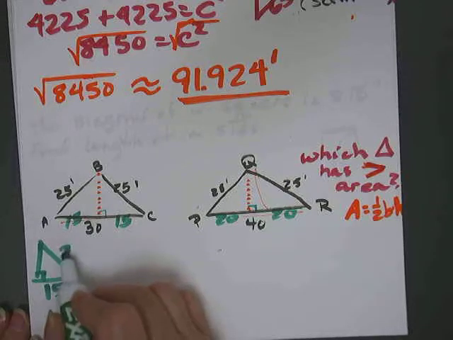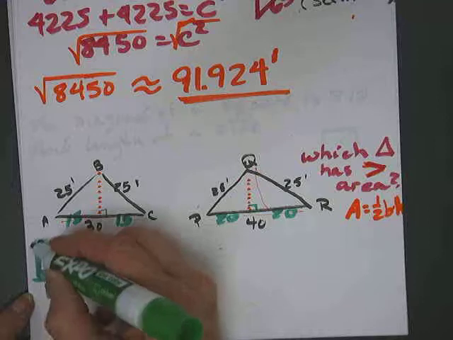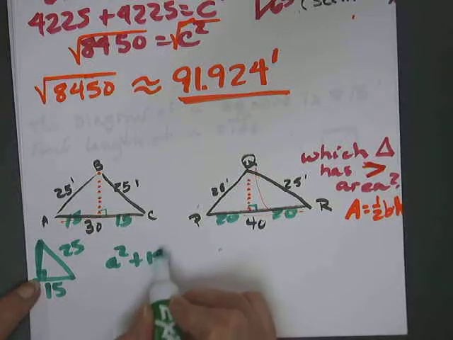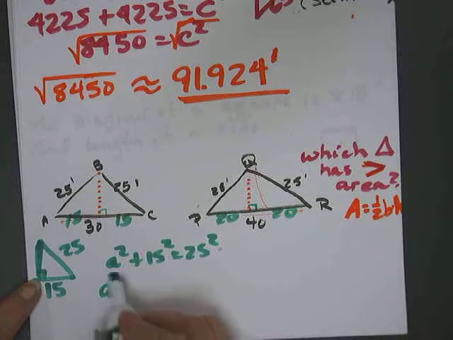This one would be 20 and 20, right? So let's do this triangle.